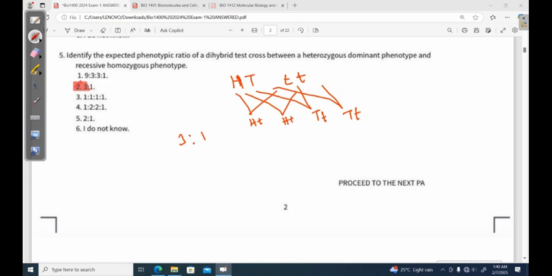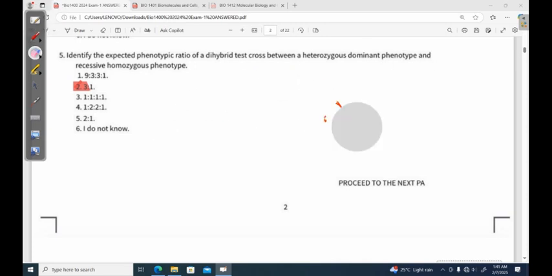A dihybrid cross, actually we were supposed to cross it like this in this case. If it's dihybrid, for instance, it's like this, HH, and recessive TT.